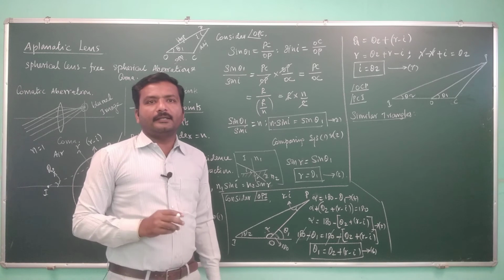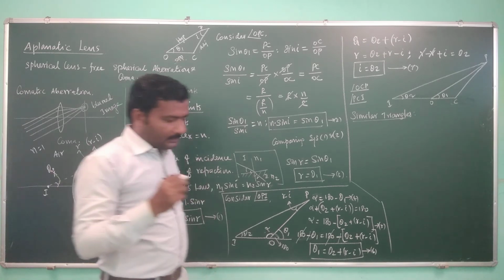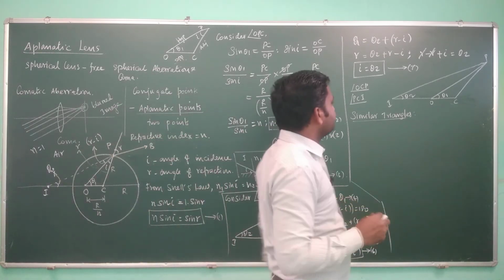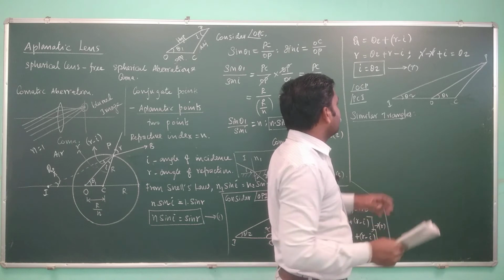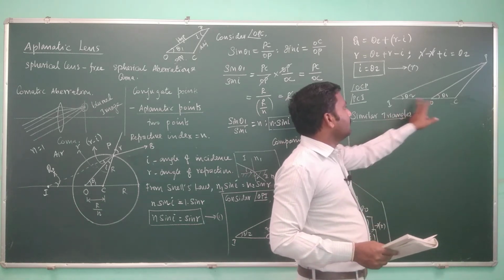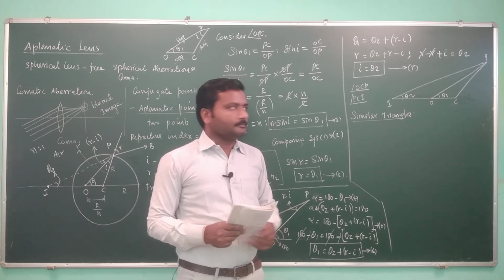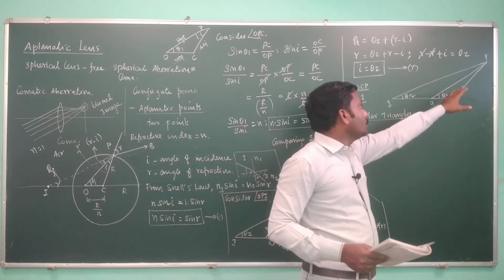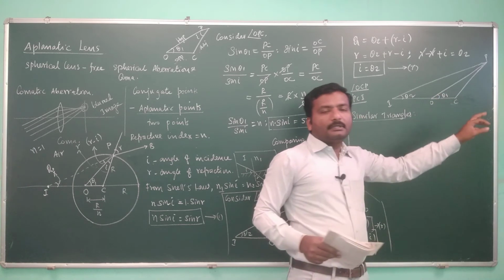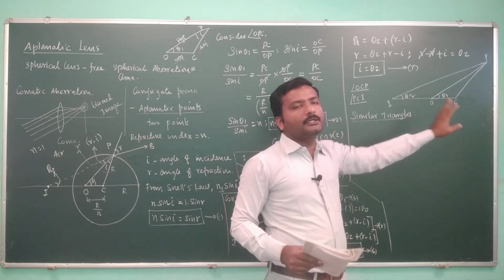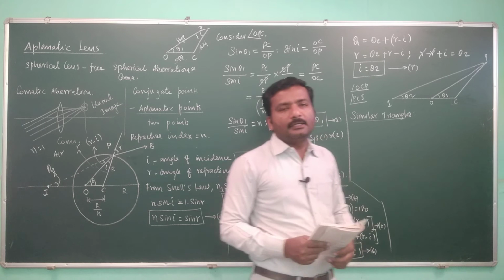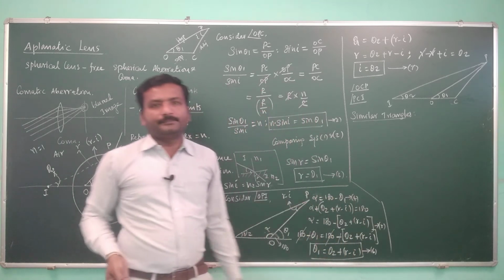What is a similar triangle? If two triangles are said to be similar, the sides should be proportional, and any two angles of one triangle must be congruent with the other triangle. Congruent means equal.